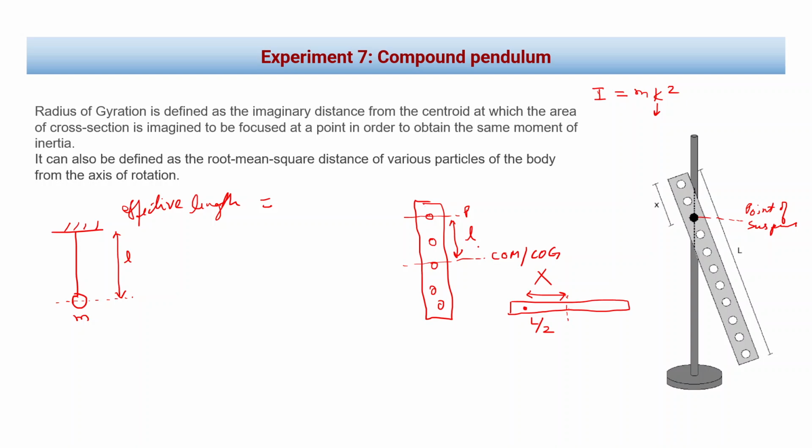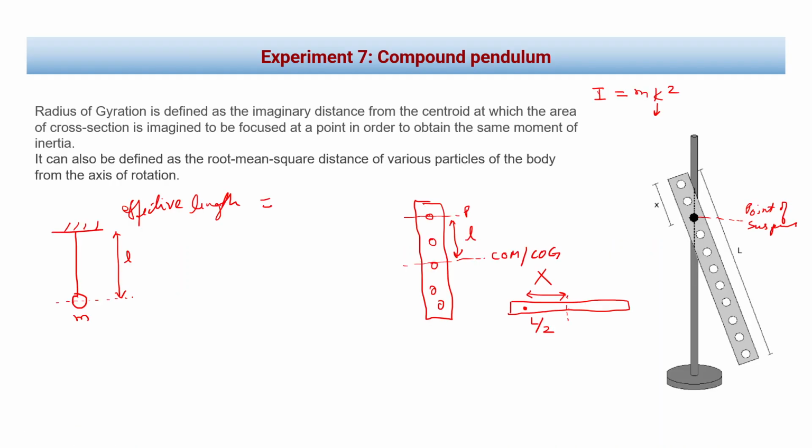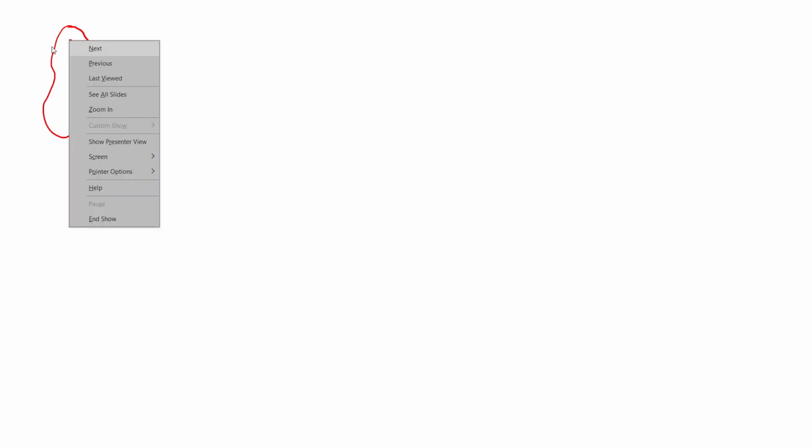Let's explain. For any kind of irregular body, let's consider a body of some not so regular or symmetric shape, suspended on a horizontal support.